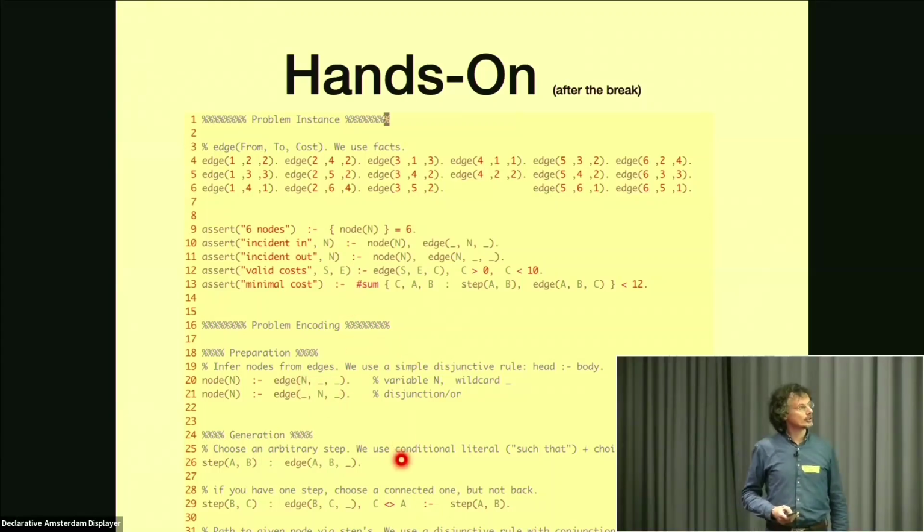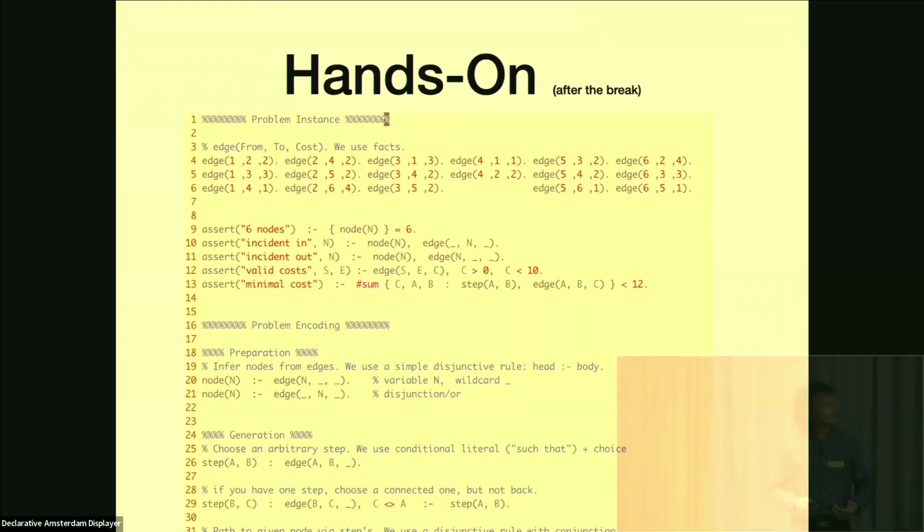And what we then do is what they call easy ASP programming. The easiest way to attack a problem is by first generating all the possible solutions. And we do so by creating steps.